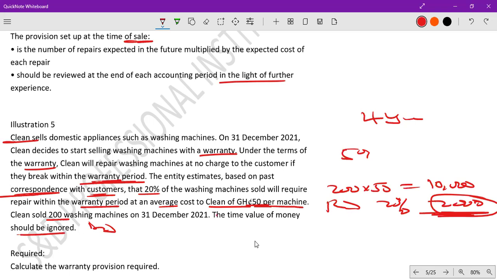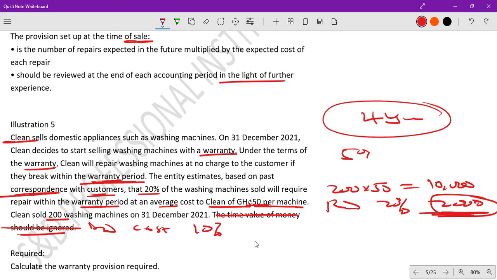But assuming this is not here, and the question says that the entity has given a 4-year warranty and the cost of capital to be 10%, then you should know what to do: discounting the expected value. After every year you'll be unwinding the discount, accumulating the cost.